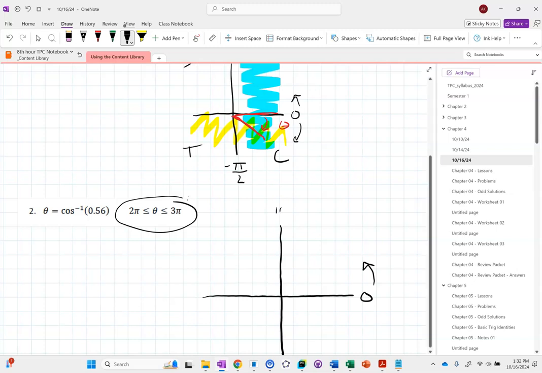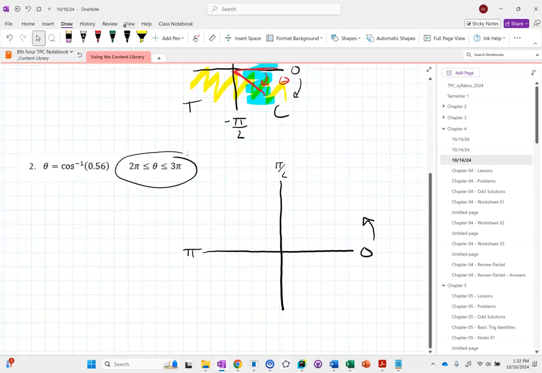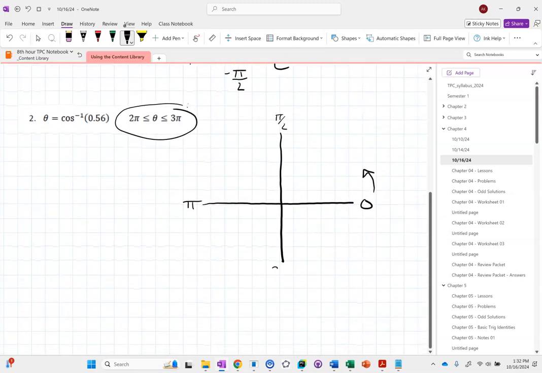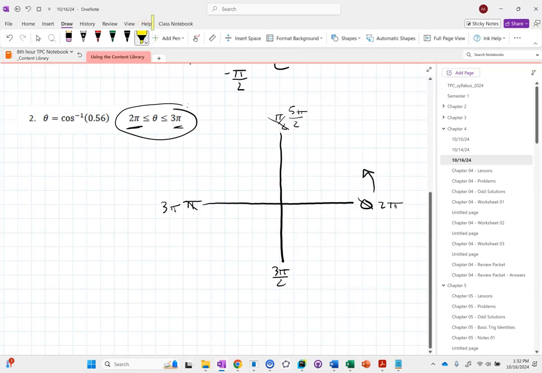So the first one was pi over 2, and then 2 pi over 2 is just pi, and then 3 pi over 2, and then 4 pi over 2, or 2 pi. So that's the start, right? And then 5 pi over 2, and then 6 pi over 2, or 3 pi. That's the end.